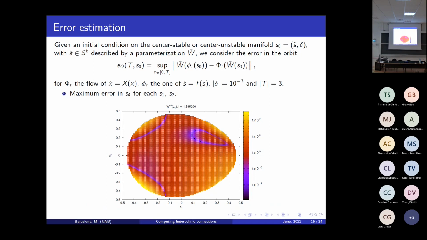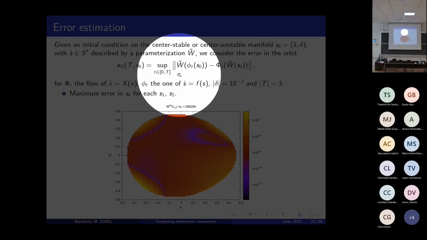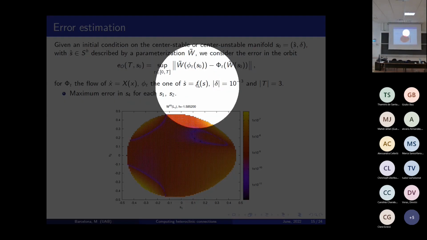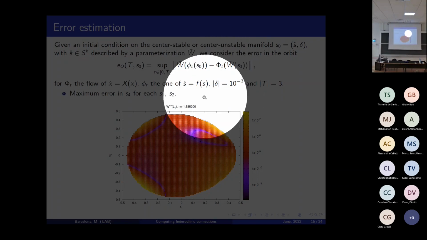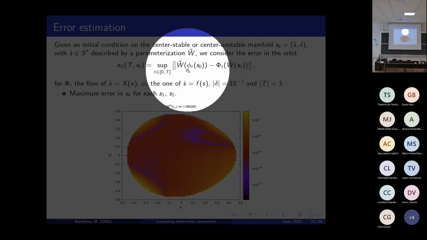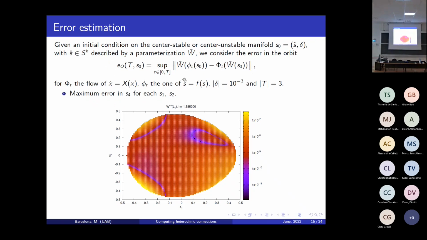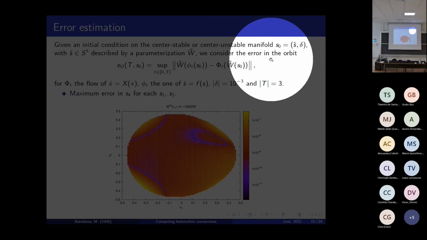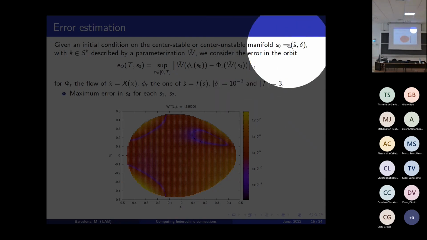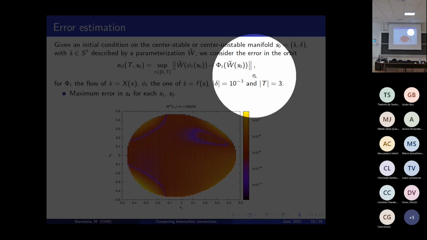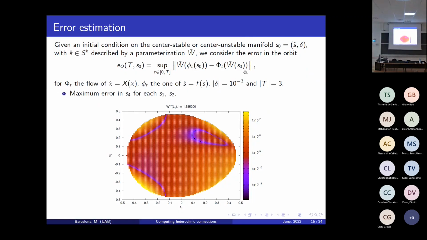So we consider the error in the orbit, which is the difference between integrating in the reduced vector field or in the original vector field and using the computed parameterization for any initial condition s sub 0 that we take as the condition over the center manifold and delta changing the fifth component, so we are in the favor of the initial condition and computing the maximum error.